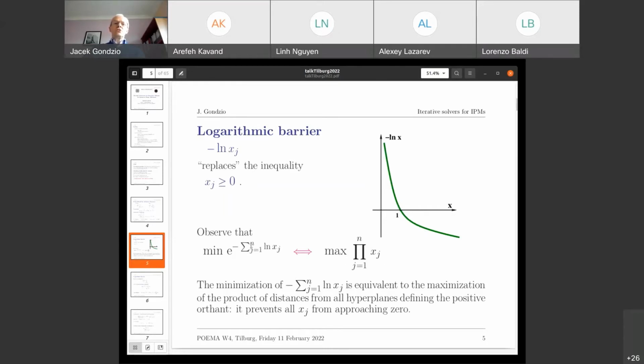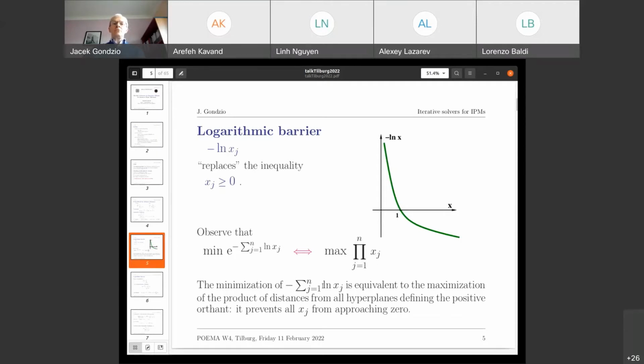So what this sum of logarithms would contribute in a linear programming context is that it would keep all variables xj, which have to be non-negative, far away from 0, because if any of them approaches 0, the whole product will quickly go to 0 as well.